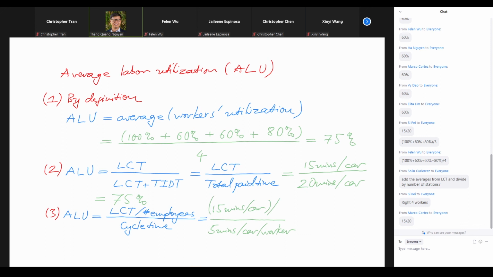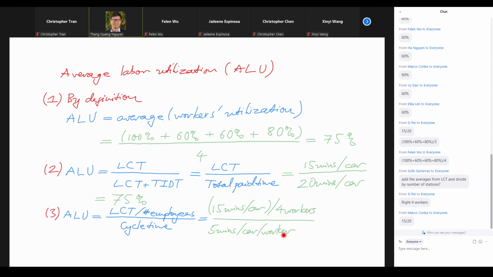And then we even it out over the 4 workers, right? So we have 5 minutes per car to work on, and this is how much we actually work on a car, on average per worker.